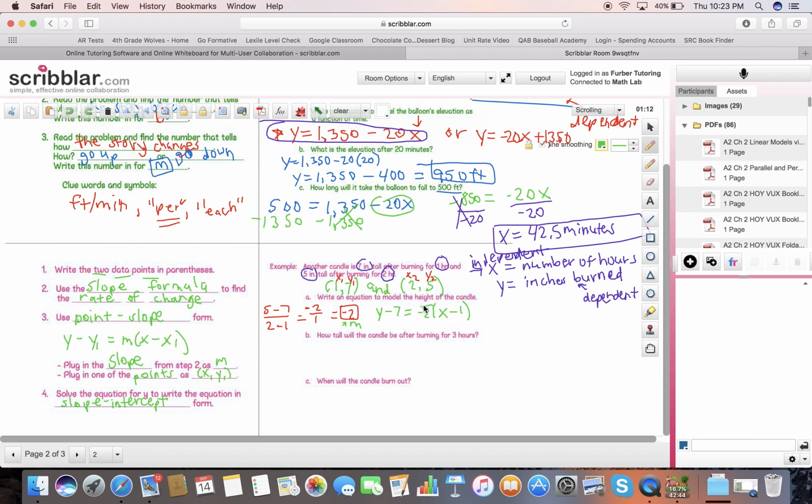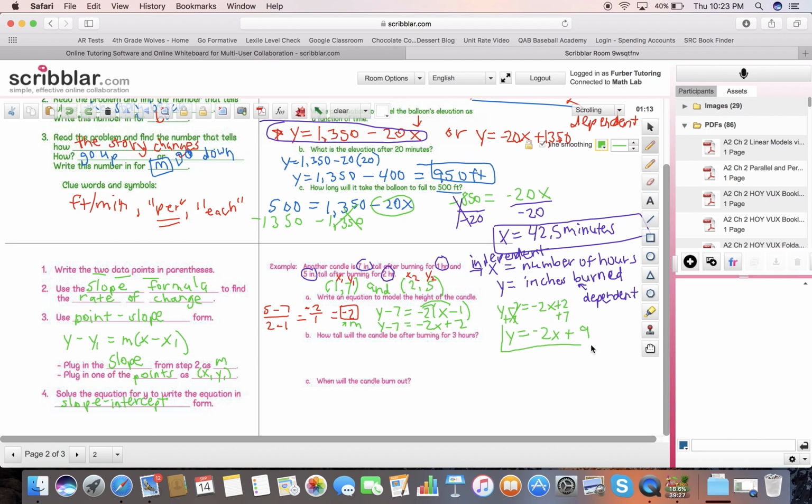From here, I just have to convert. Y minus 7 equals, I have to distribute, -2x. -2 times -1 is +2. And then, in order to get it in the proper form, I'm going to add 7 to both sides. So my linear model is y equals -2x plus 9.